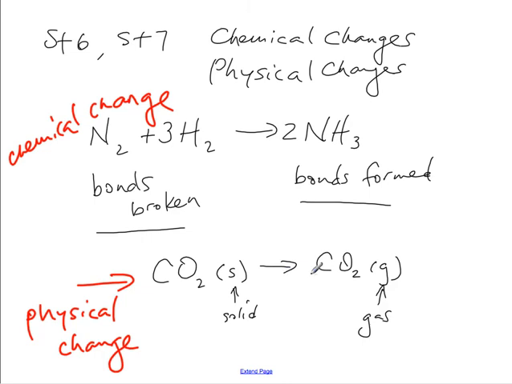The state of matter changes here, but not the compound. So no bonds are broken or reformed during a physical change, whereas in chemical changes, bonds are broken and reformed. Okay, so just something to keep in mind, and that'll be it for now.